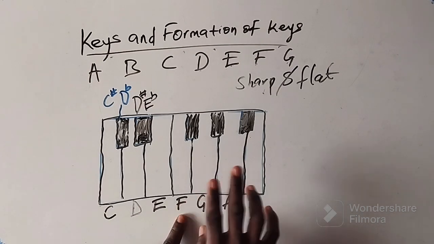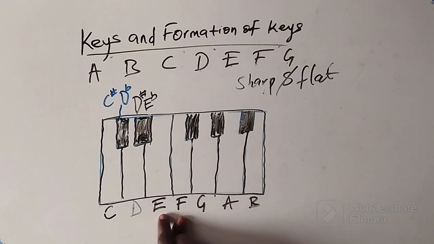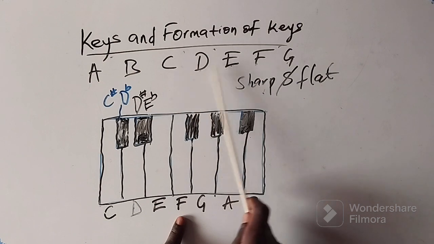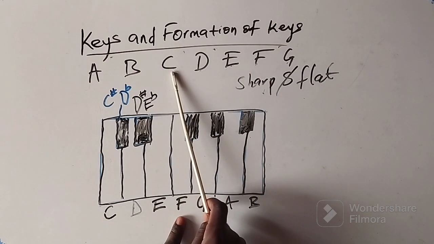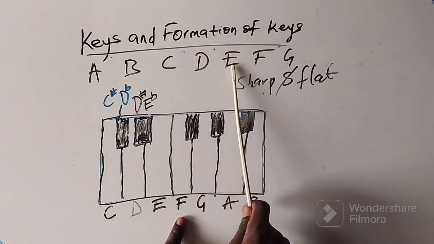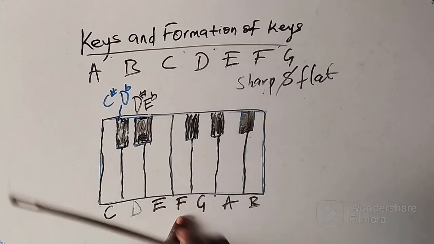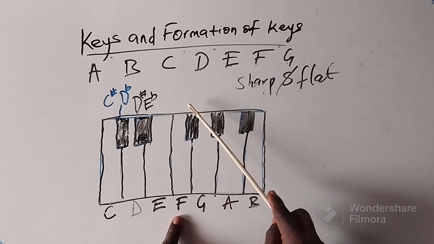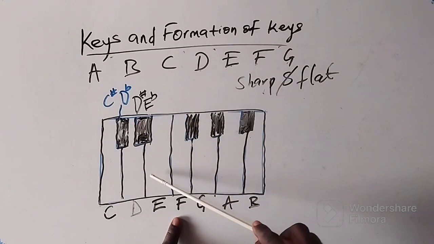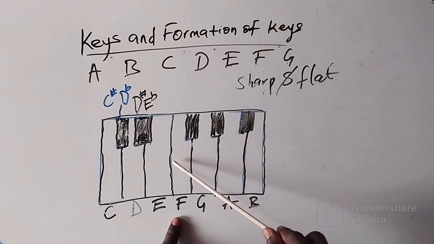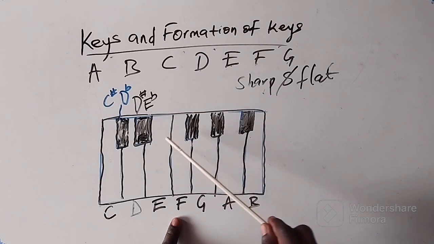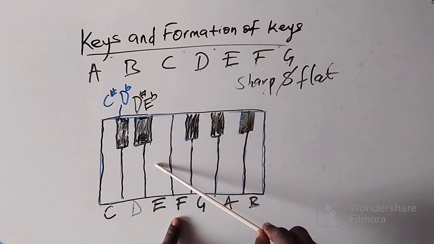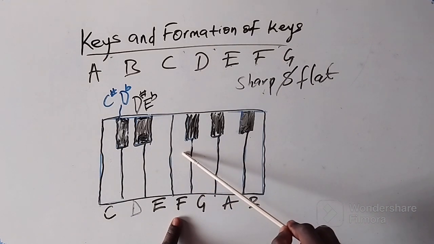Okay, having established this fact, you see this in B, C, E and F, and there is no key called E sharp. F is sharpening E. There is no key called F flat.